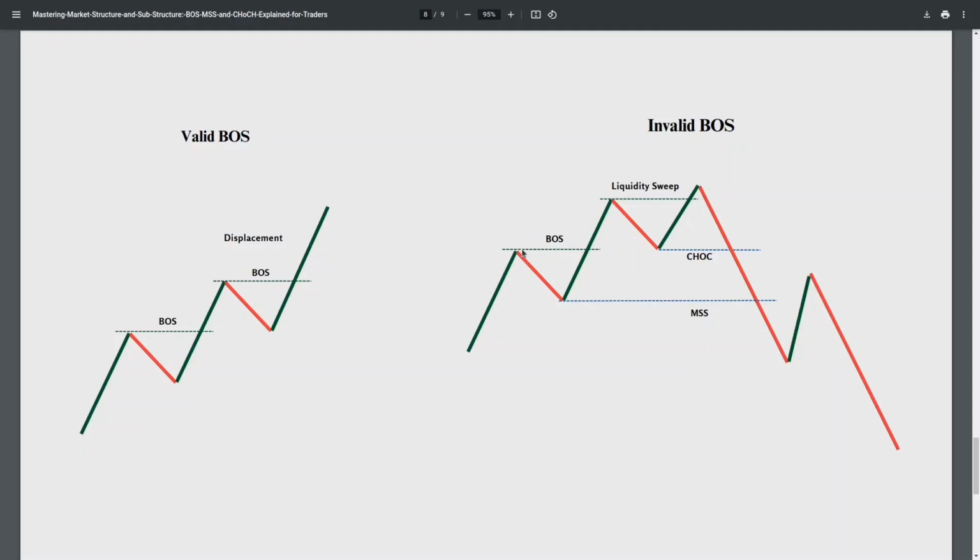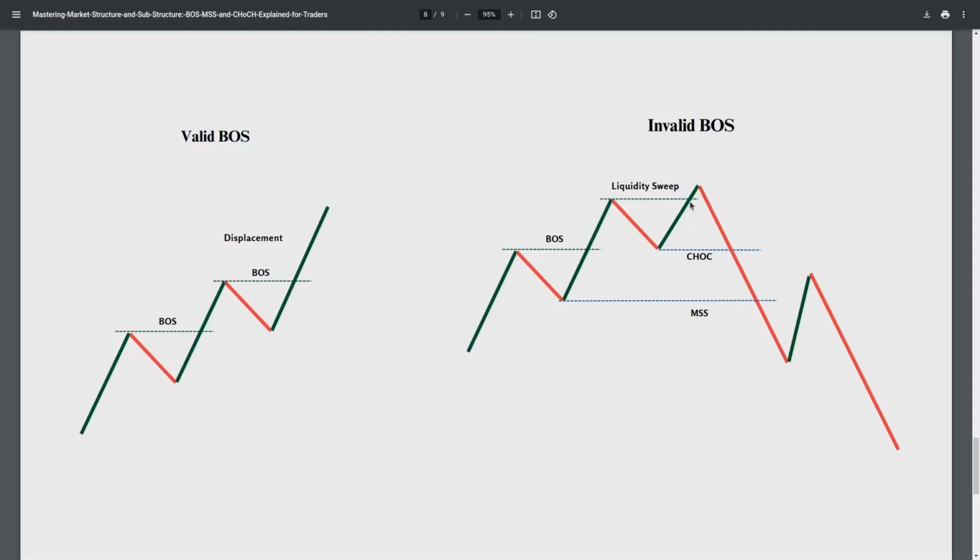What happens here? Let's say price moves to this high. This break of structure here is a valid one. Then price comes to this point. Did it break structure here? No. It swept this liquidity.